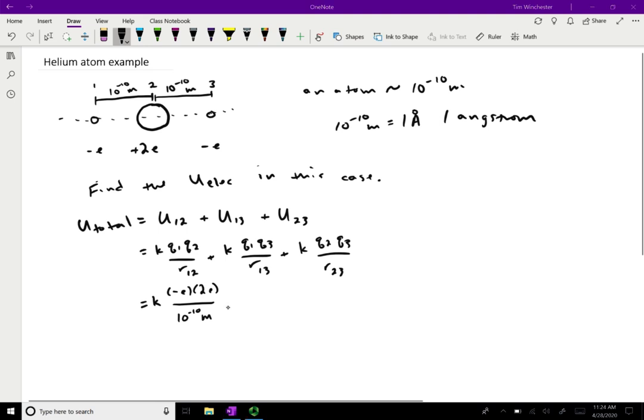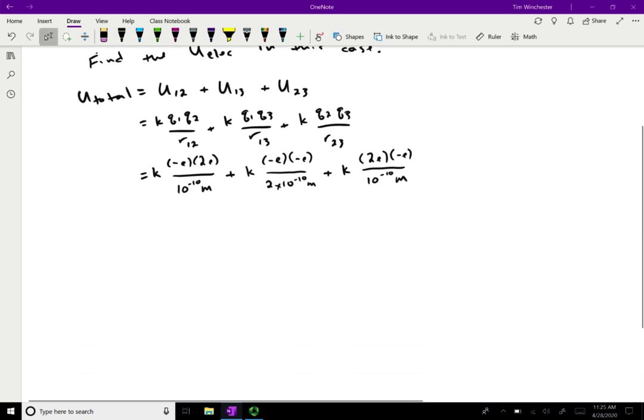And then in the second case, I have k, q1 is minus e, q3 is minus e, and the distance is 2 times 10 to the minus 10 meters. And then in the third case, I have k, q2 is 2e, q3 is minus e, over 10 to the minus 10 meters. Okay, so I can see that I've got a lot of things that are the same in each of these.